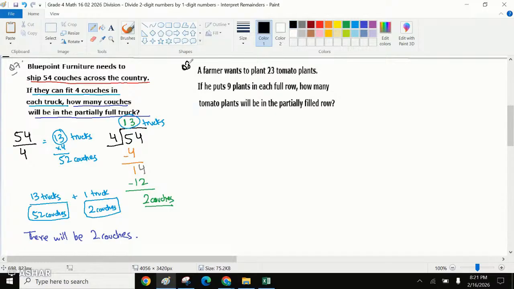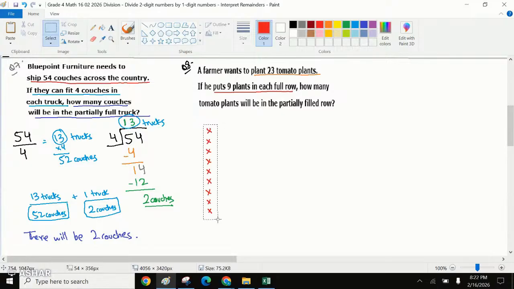Question number 8. Let's suppose this is each plant: 1, 2, 3, 4, 5, 6, 7, 8, and 9, right?